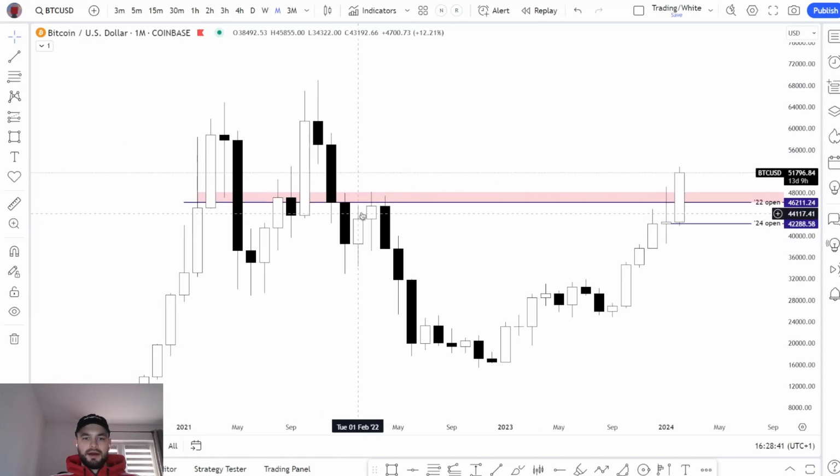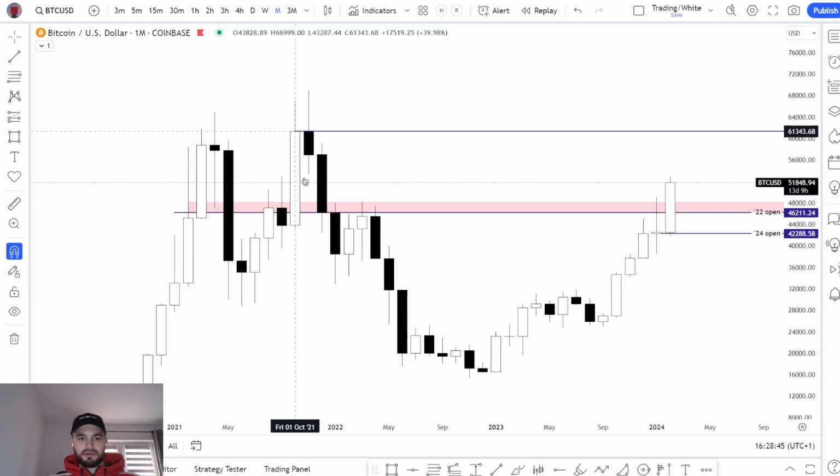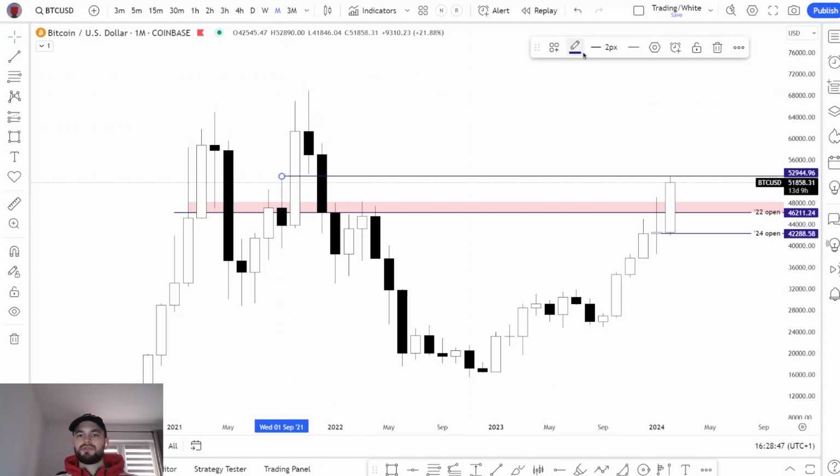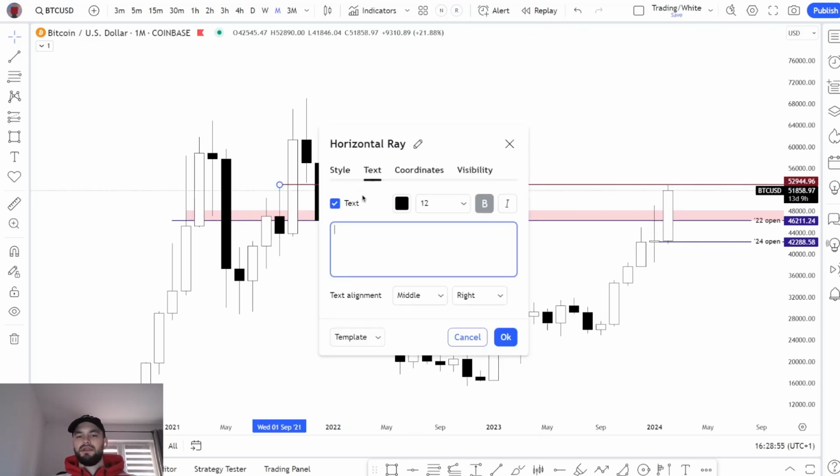So the monthly, yeah, and we could do this and start charting out relevant levels. I like to do the monthly in dark red. So this is the September 2021 high.